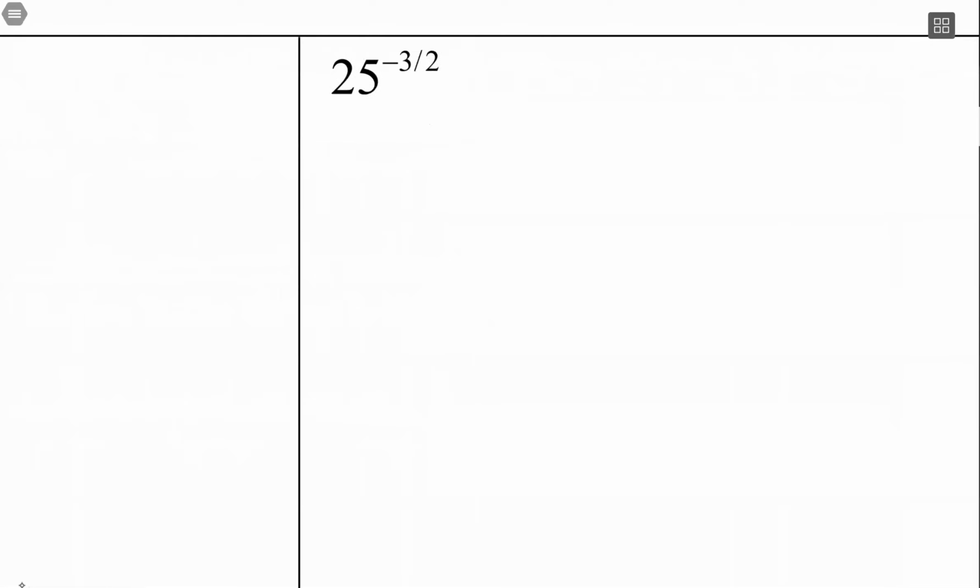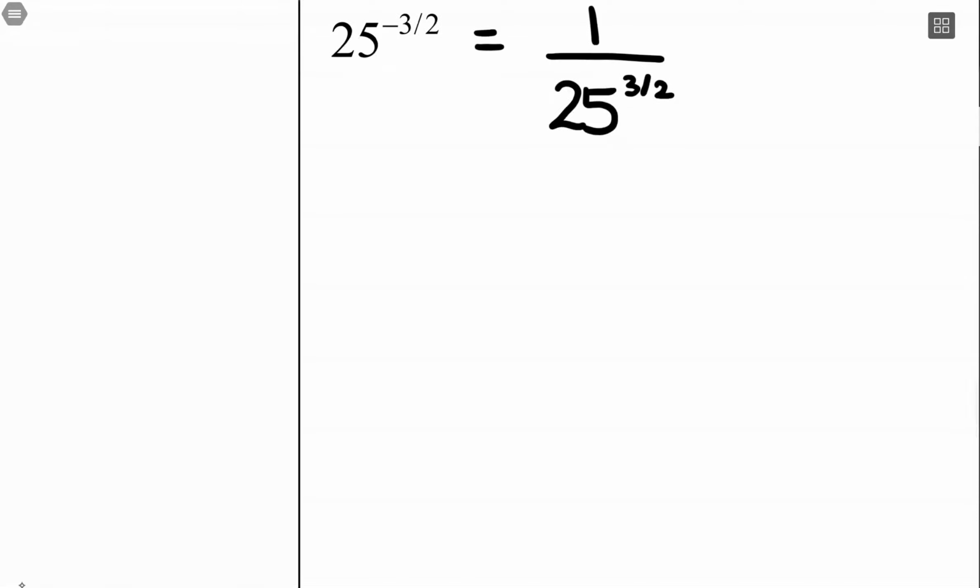Here, with that negative exponent, we move to the denominator. So we'll have that base of 25, and then a positive 3/2 exponent. And that'll change to 1 over the square root of 25 cubed.